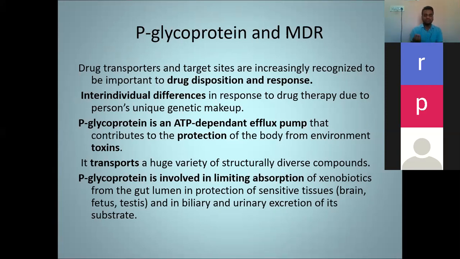If P-glycoprotein is more in the border areas, whether brain, testes, fetus or intestine, the drug is getting out of the cells in a larger quantity. That means the bioavailability is decreasing, as Sarath said rightly. The drug concentration in the blood decreases, so the drug is not going to act as effectively. There can be therapeutic failure. Clear? Very easy, right?